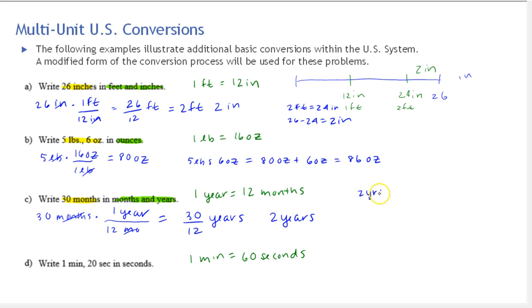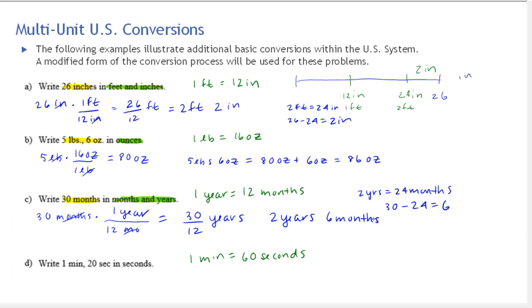So 2 years equals 24 months. So changing 30 months to years and months, so far we have 2 years. Now the difference between 30 months and 24 months is 6 months. So 30 months equals 2 years and 6 months.